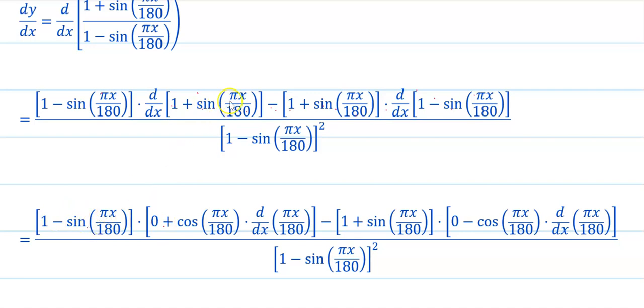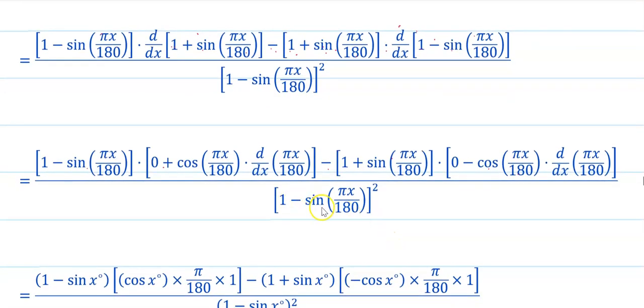Derivative of sine of pi x upon 180 means what? Cos of pi x upon 180 into ddx of this composite. That is the ddx of pi x upon 180 minus 1 plus sine of pi x upon 180, keep it as it is. ddx of 1 is 0. ddx of sine of pi x upon 180 is a cos of pi x upon 180 into ddx of pi x upon 180 upon 1 minus sine of pi x upon 180 bracket square.